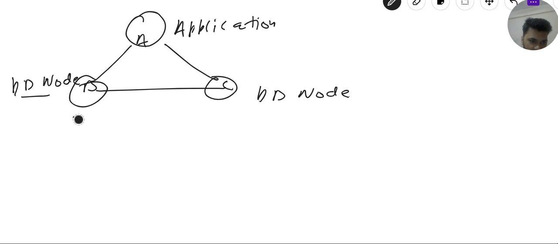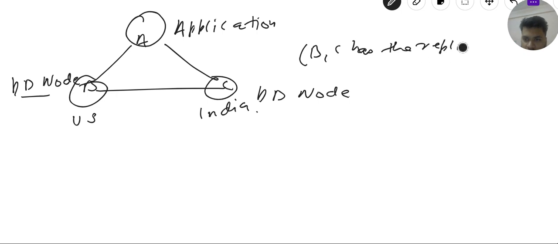Okay. Now, for example, this node is in US, and this node is in India. And one more thing, as we have already said, it is used with replicated data. So B, comma C has the replicated data.